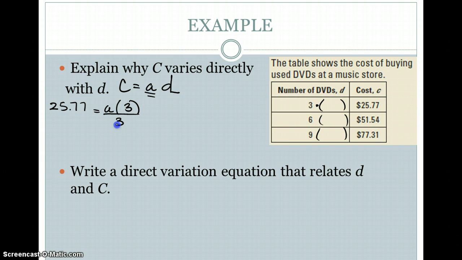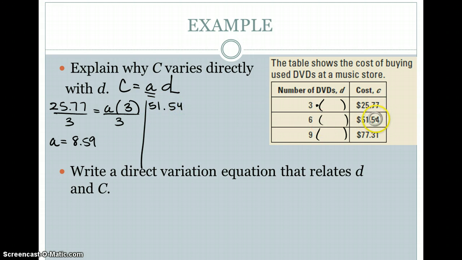Well, I would divide by 3 and divide by 3, and I would get that A is equal to 25.77 divided by 3, which is $8.59. Now, if when I set up each of these equations I get the same $8.59, that means that is going to be my constant of variation. It means it's constantly going to be $8.59.